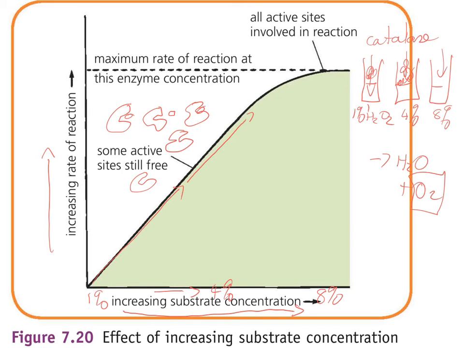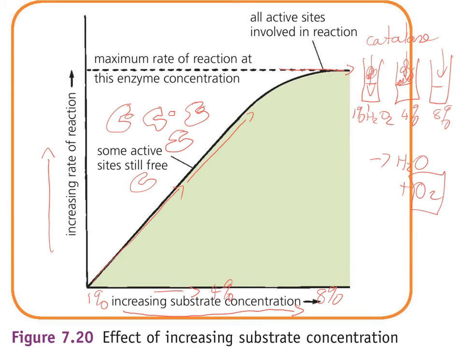So if, for example, we get up to the stage here where we've got our 8%, then what happens eventually is that you've got so much substrate there that all the active sites on the catalase are filled. And so you reach the maximum rate of reaction at this enzyme concentration. If you were to increase the enzyme concentration at this stage, then the reaction would be able to increase even more.